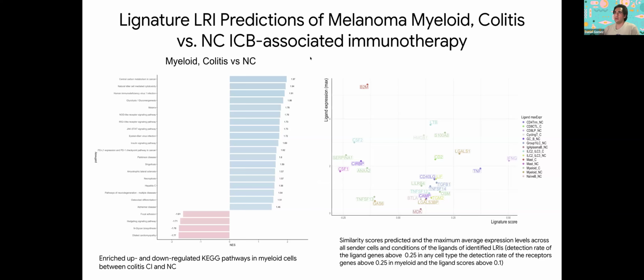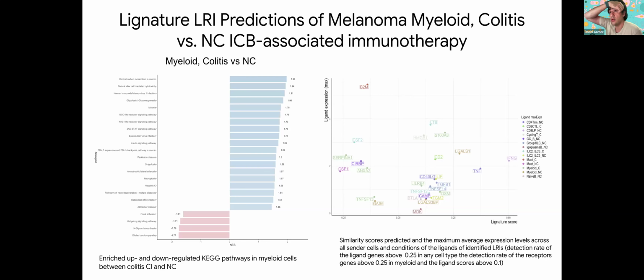And then here we have the enrichment pathways that are normalized in myeloid colitis versus the normal colon. We can see central carbon metabolism in cancer, natural killer cell mediated cytotoxicity.